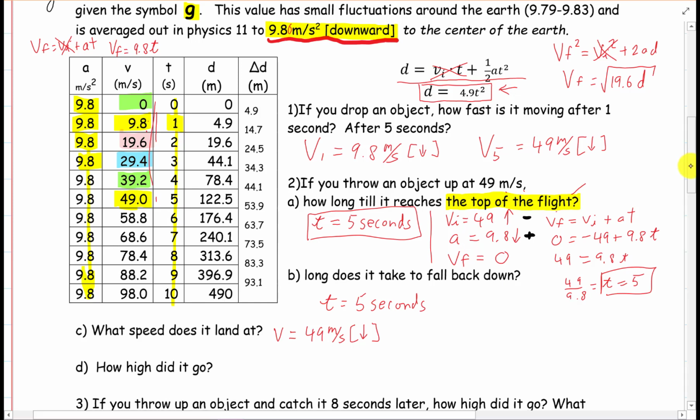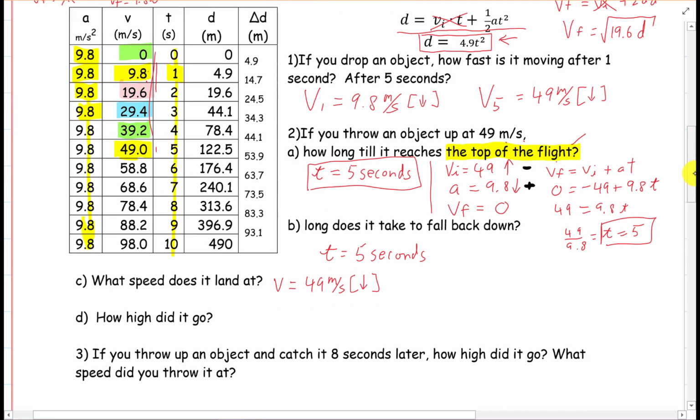Now, we could go through all the calculations that I did yesterday. We can do them all again to find this. We could do it that if the displacement is 0 and the initial speed is 49 up and the acceleration is 9.8 down, we want to calculate the time, we would just put it into the formula d equals VIT plus 1/2 AT squared.